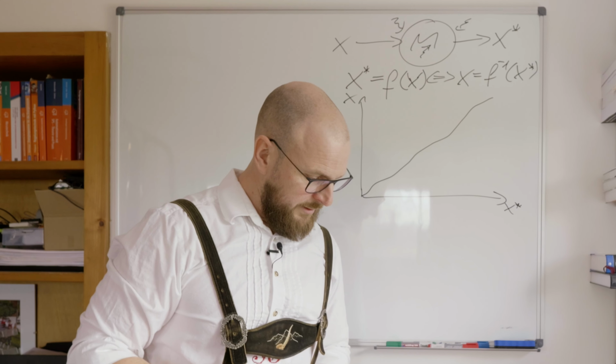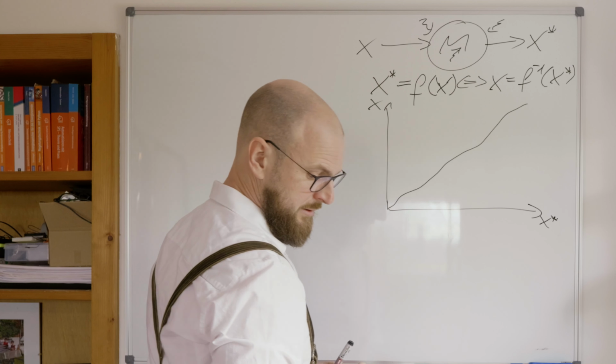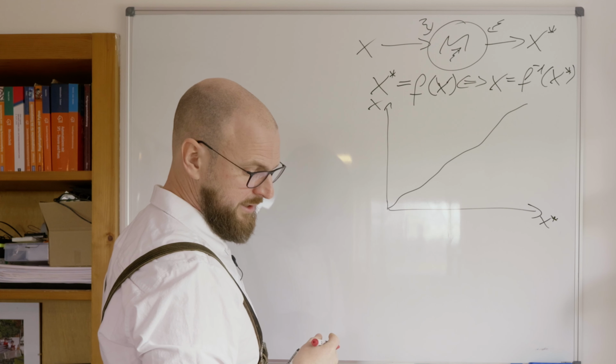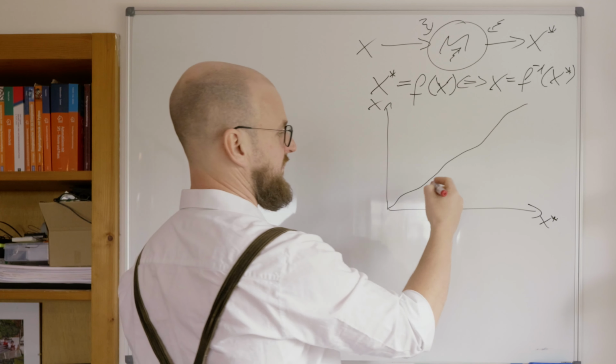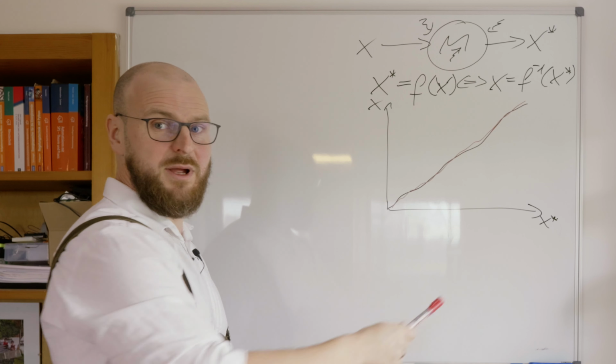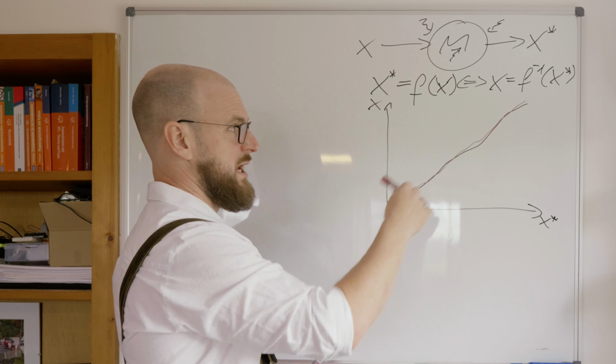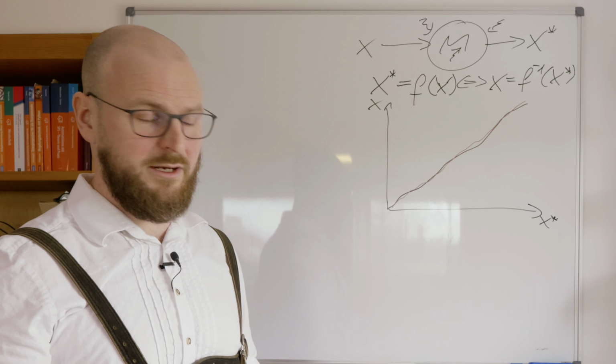That's what we call the characteristic function, the characteristic curve of a measurement device, which connects the measurement value to the measurement quantity. That can be arbitrary. That's what I painted right now.